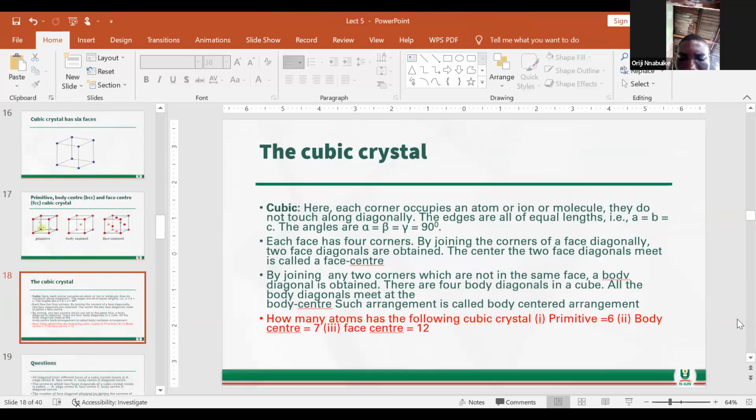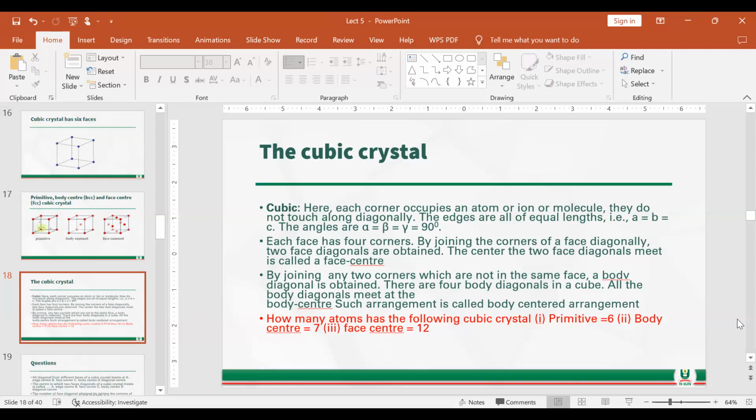In a cubic crystal, each corner is occupied by an atom, ion or molecule. They do not touch along the diagonal. The edges are all of equal length, so we have a equals b equals c. The angles alpha, beta, gamma are equal to 90 degrees in each face. Each face has 4 corners. By joining the corners of a face diagonally, 2 face diagonals are obtained.